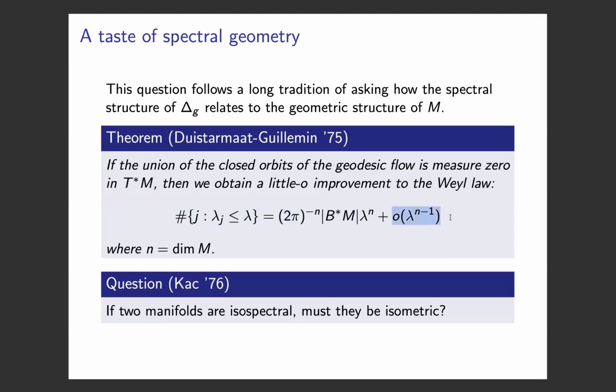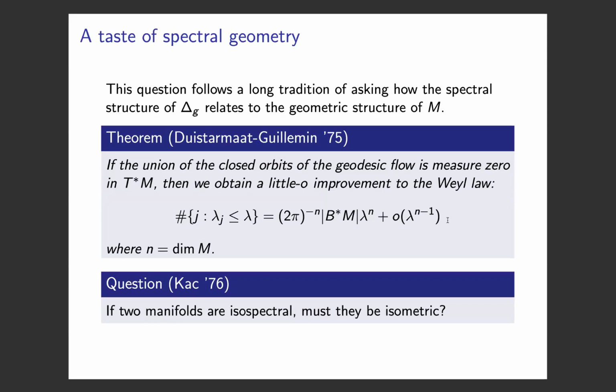The standard result is that the remainder is big O of lambda to the n minus 1, n being the dimension of the manifold. This improves to a little o, provided you have this condition on the geodesic flow. So there's this interaction between geodesic dynamics and spectral asymptotics, which is really nice. And this is an example of perhaps a forward question in spectral geometry.